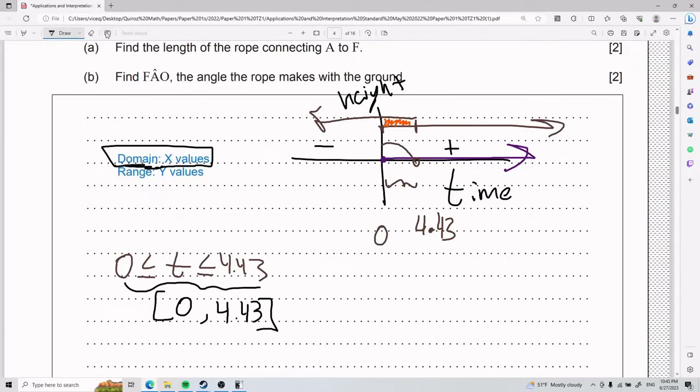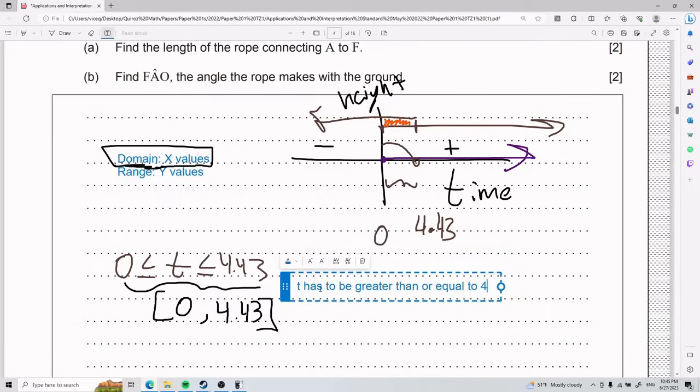They are synonyms. And believe it or not, you can also just say t has to be greater than or equal to 0 and less than or equal to 4.43.